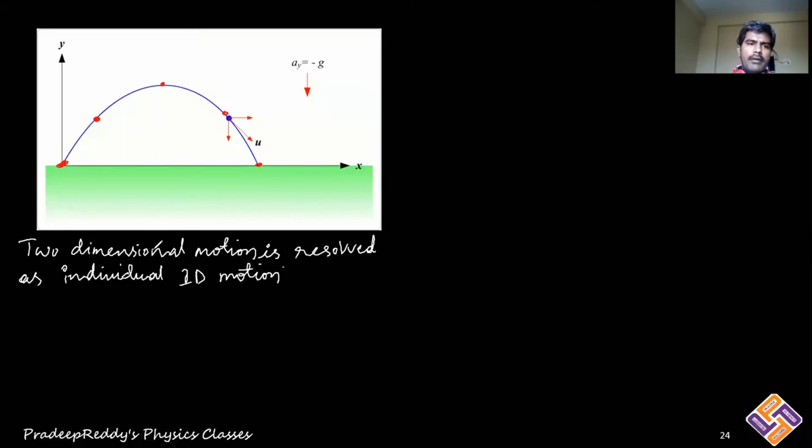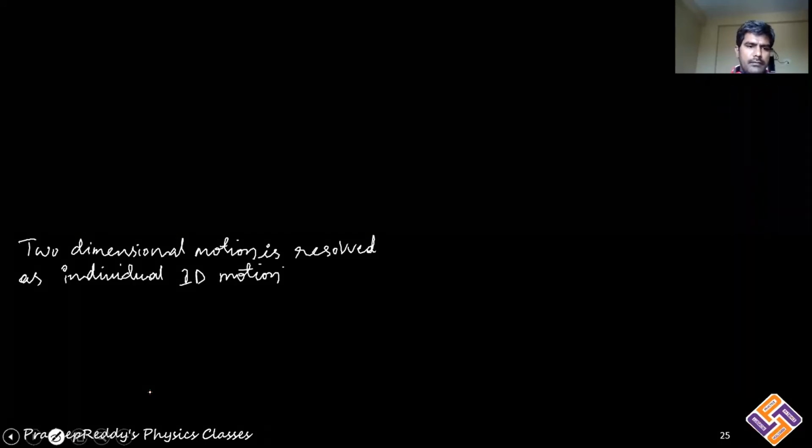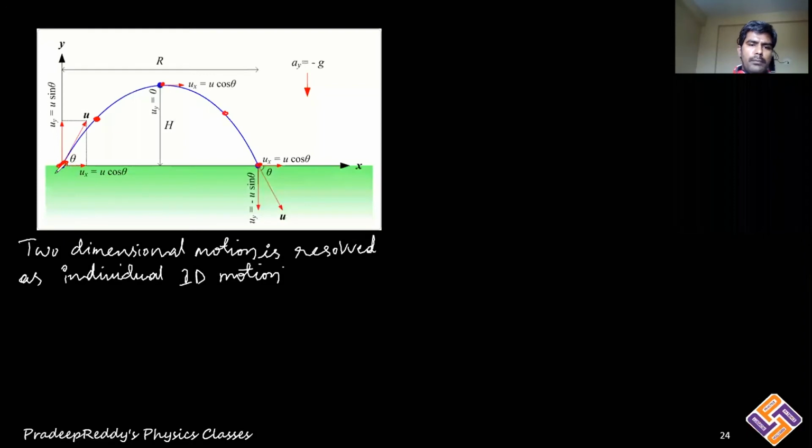For example, if you want to find out velocity at different points, I'll be locating it with different points. Velocity at different points, if I want to locate. See, at this point I'll name that as O. Let me name that as O. This is O, A, B, C and D, right?